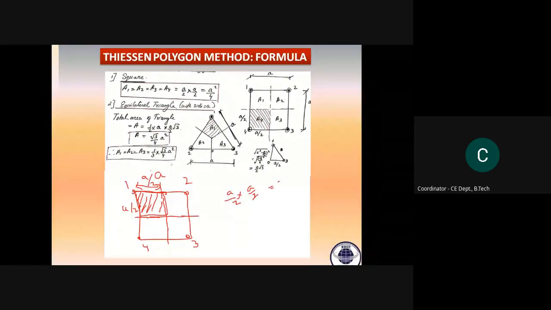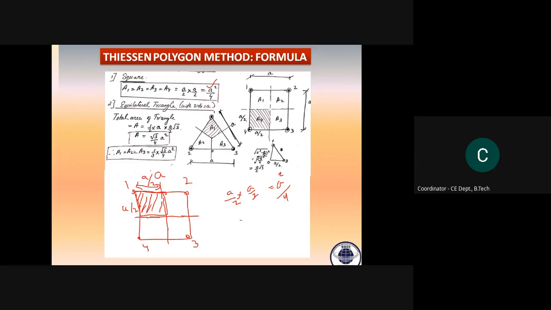So the area in this case will be A square by 4. Simple. So for the square condition, A1 equals A2 equals A3 equals A square by 4. This is how they have estimated it. Now similarly, for a rectangle, what will be the area for each rain gauge station?